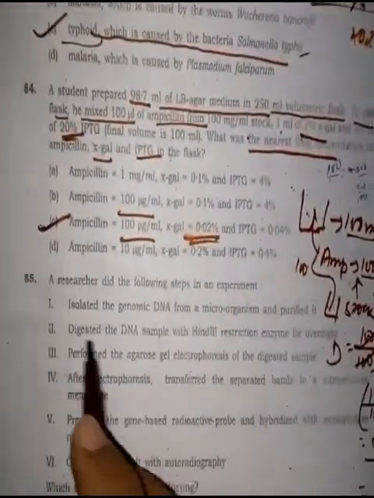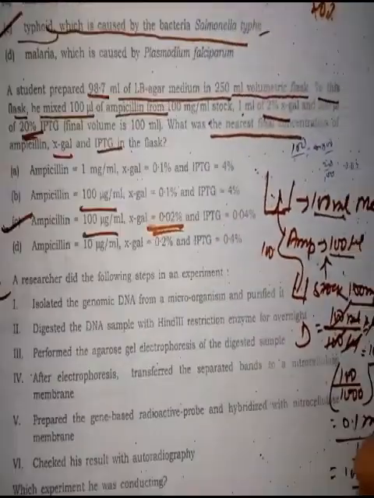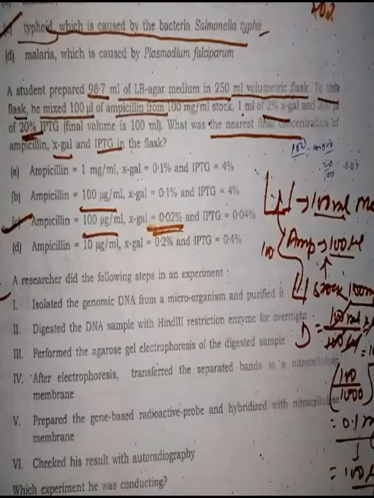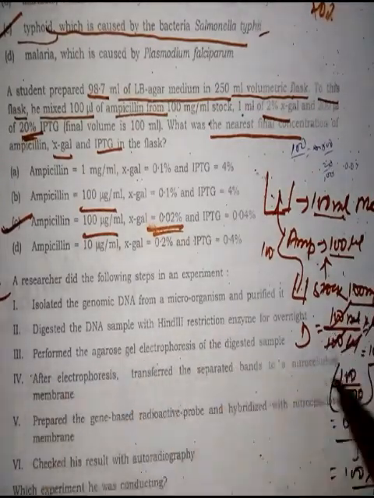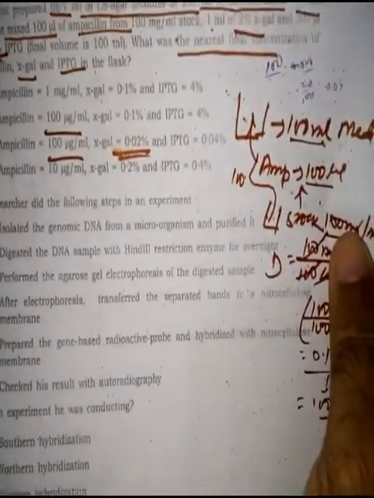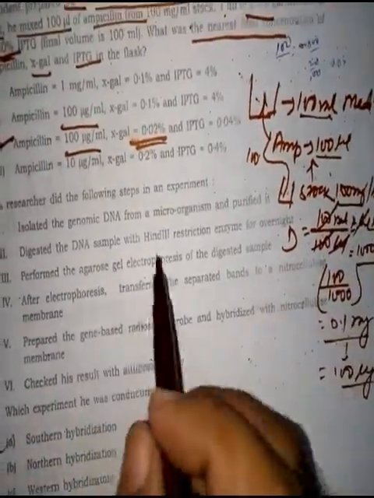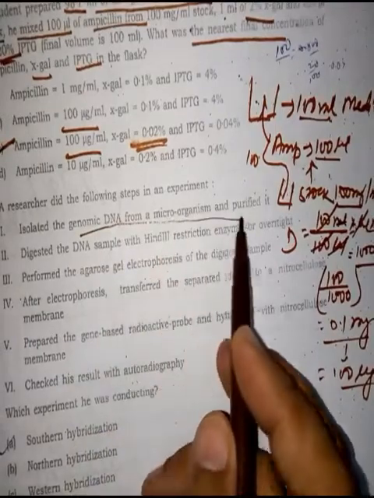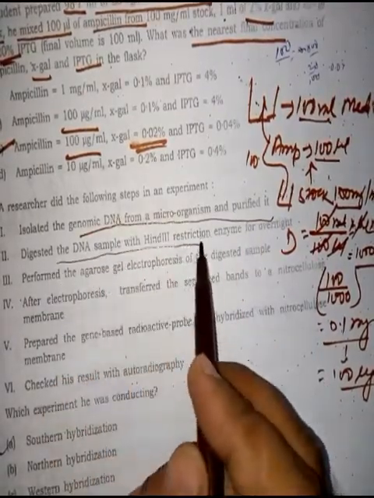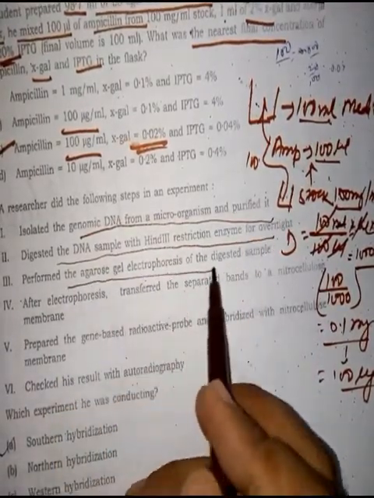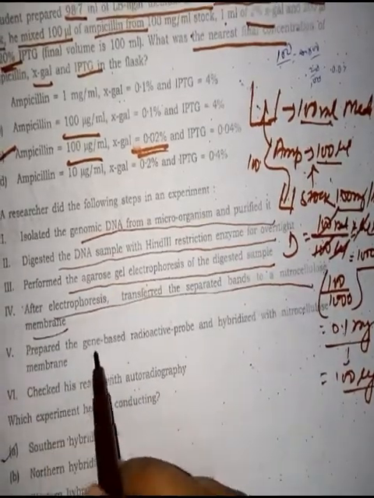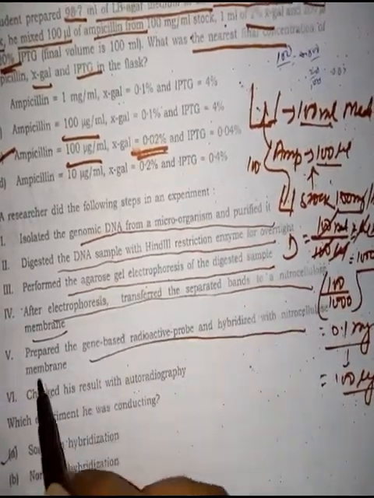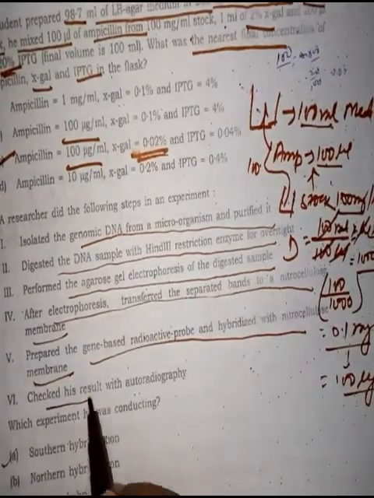This is fine. Okay, moving to the next question, 85. A researcher did the following steps in the experiment: isolated genomic DNA of a microorganism, purified it, digested it, performed agarose gel electrophoresis, and purified. Which experiment was he conducting? Okay, so isolation of DNA from microorganism, digestion of DNA with HindIII, performing agarose gel, and after electrophoresis transferred to the nitrocellulose membrane, gene-based radioactive probe on nitrocellulose, check the result by autoradiography.